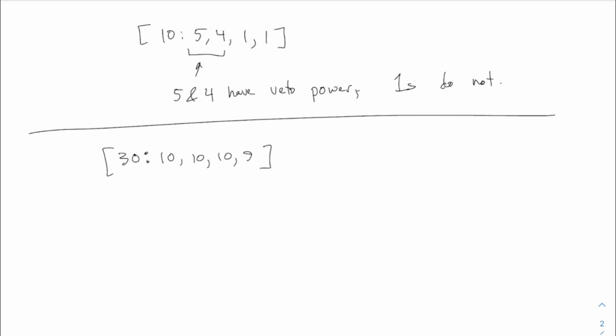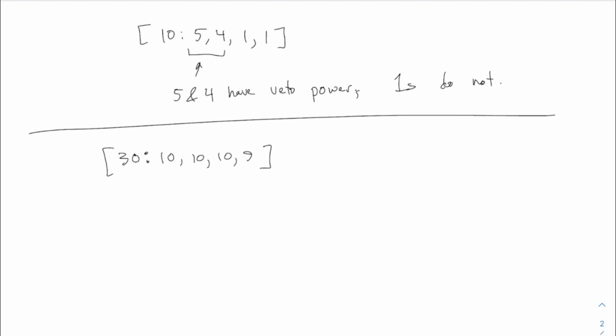First of all, is there any dictator here? No, the dictator is very easy. That's just somebody whose vote is already equal or greater than the quota, and there isn't. So there is no dictator. Is there any dummy? That is a voter whose vote doesn't matter at all. Yes, the 9. If you just look at the numbers, it seems like maybe the 9 is only slightly less powerful.